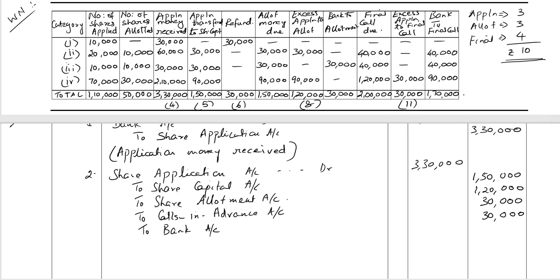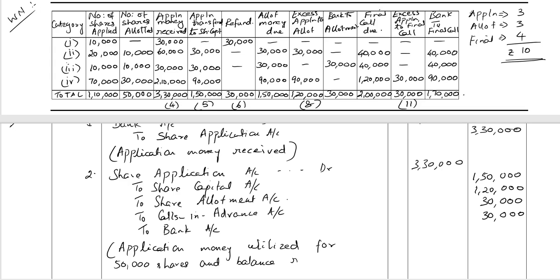We need to make a check if the total of the debit is equal to the total of the credit. So it's equal. So application money utilized for 50,000 shares and balance refunded.